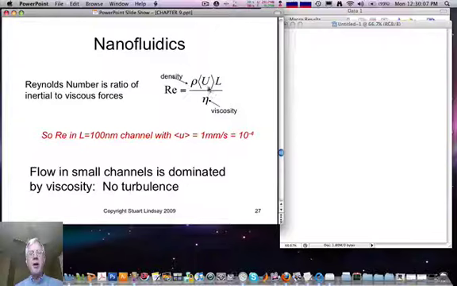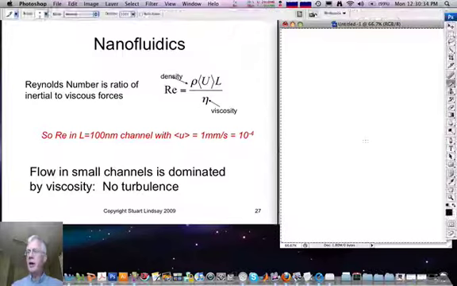Now, it turns out that the maximum possible speed of flow in a fluid channel, a nanochannel, is limited simply because the pressure gradient that one would calculate from Poiseuille's law to generate a significant velocity becomes unrealistic once the speed in nano dimension channels exceeds a few millimeters per second.